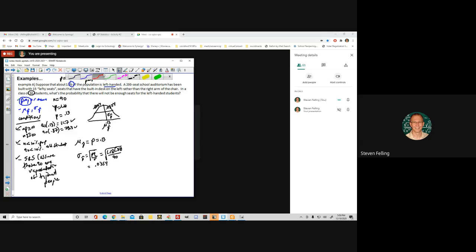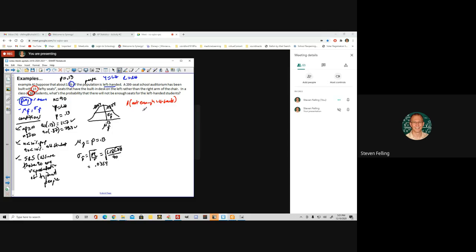The probability problem is asking us what's the probability that there will not be enough seats, not enough left-handed seats. Okay, so well, we have only 15 seats in the auditorium that are left-handed, and we have 90 students in a class, then that means the boundary when we would stop.